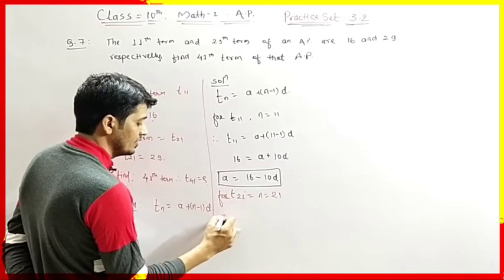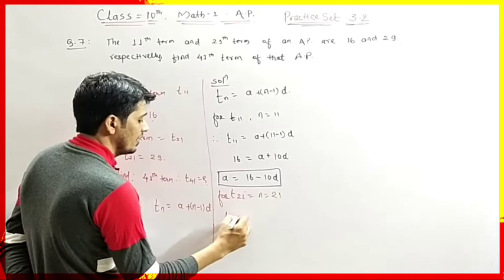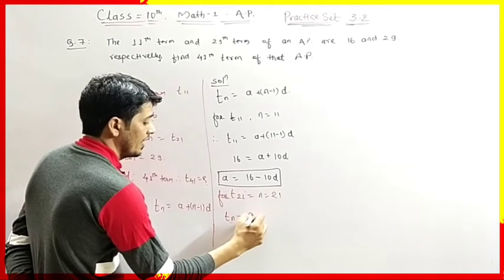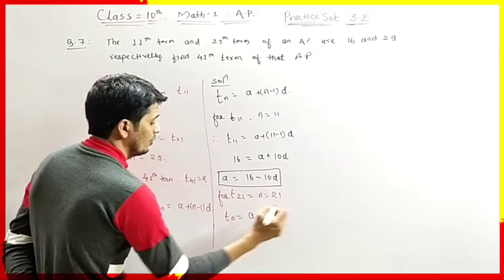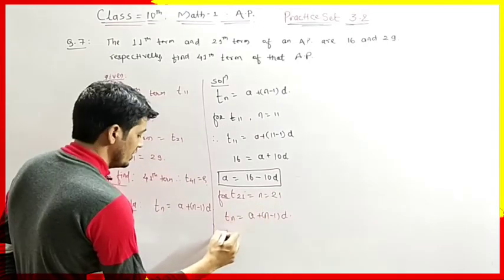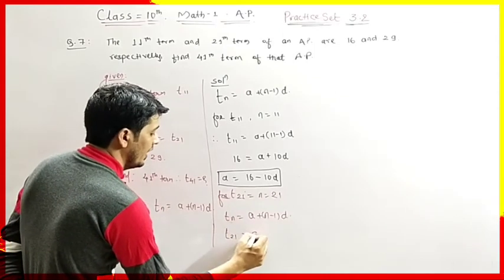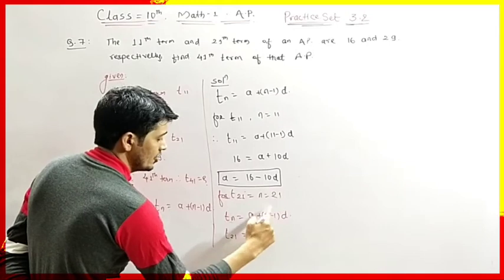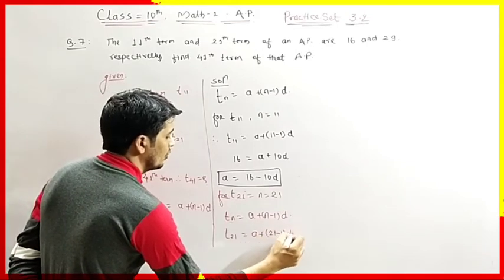The formula is Tn equals a plus n minus 1 into d. Here n is 21, so we write T21 equals a plus, n is 21, so 21 minus 1 into d.